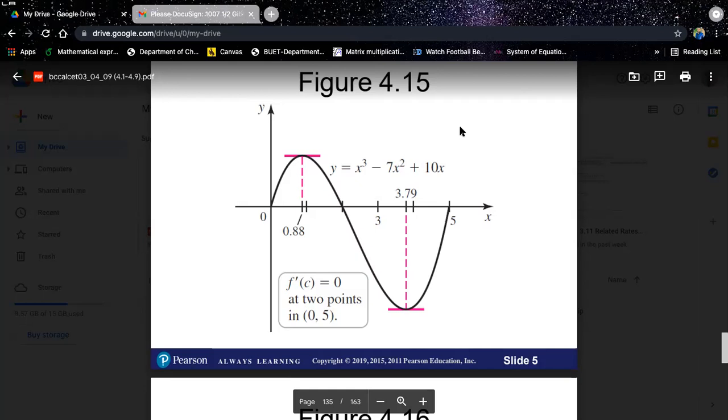Now, since it's differentiable on this interval from 0 to 5, we just need to see if there is any point where the first derivative is 0.